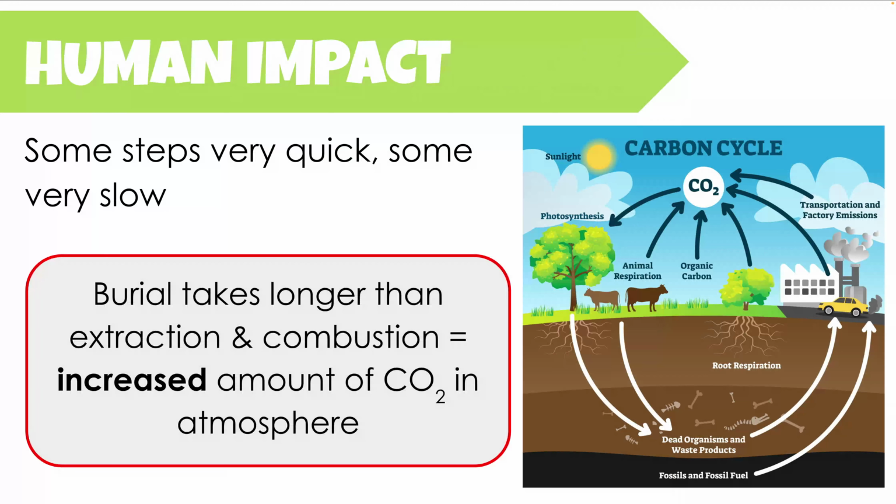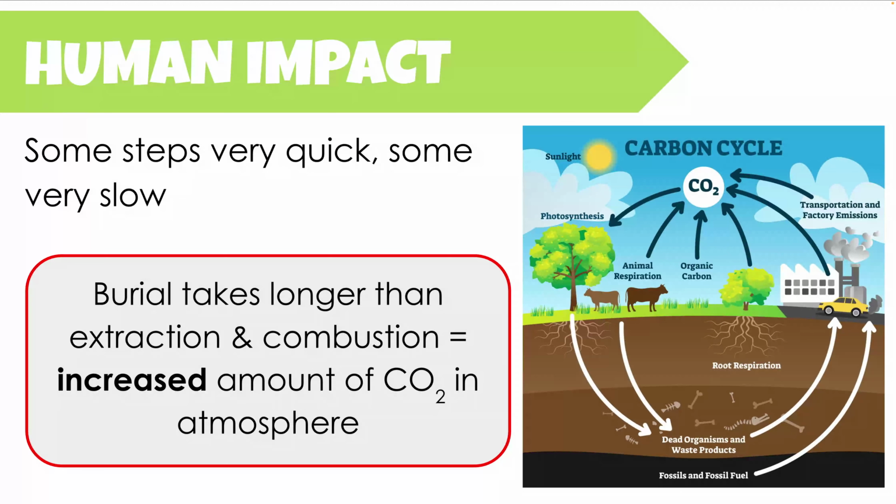So for example, the burial of carbon-based molecules takes a lot longer to happen than it takes for us to extract and combust carbon from underground. So as a result, thinking of that vocabulary, source and sink, because carbon's not being stored underground as fast as we can take it out, there's a net increase of carbon dioxide going into the atmosphere.